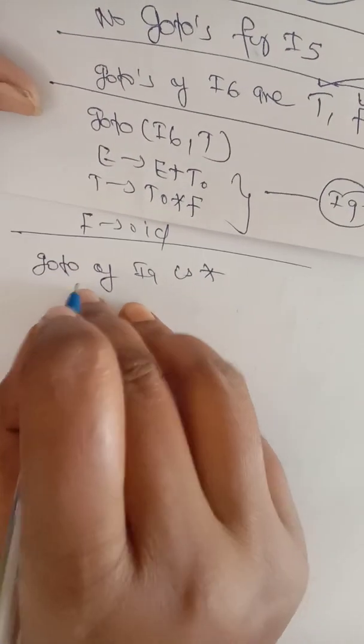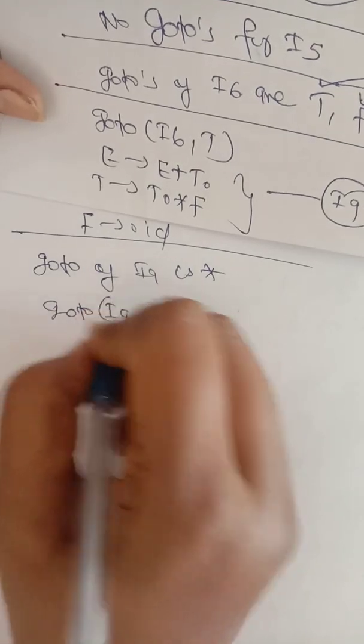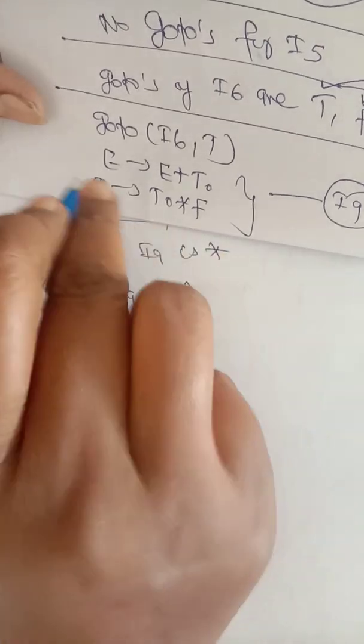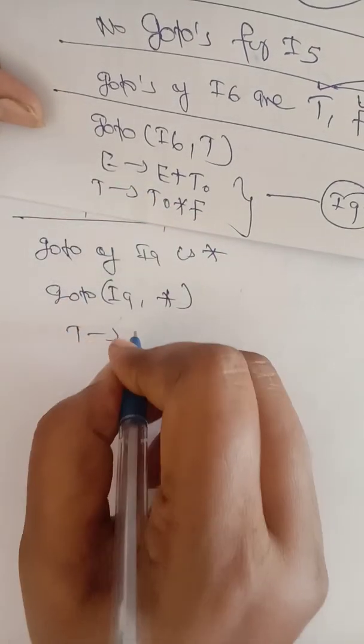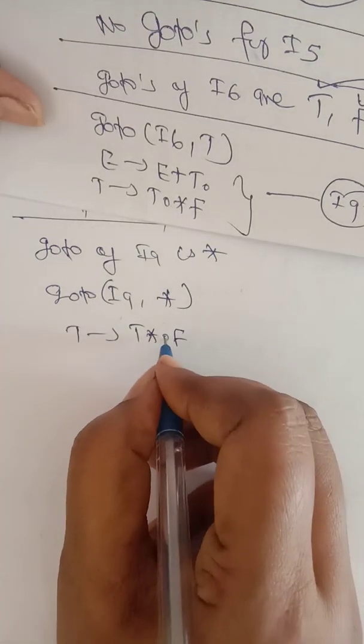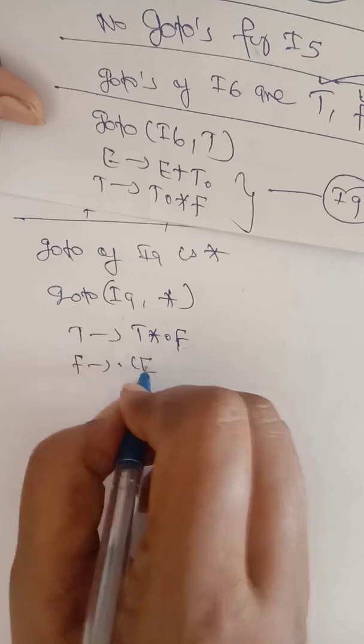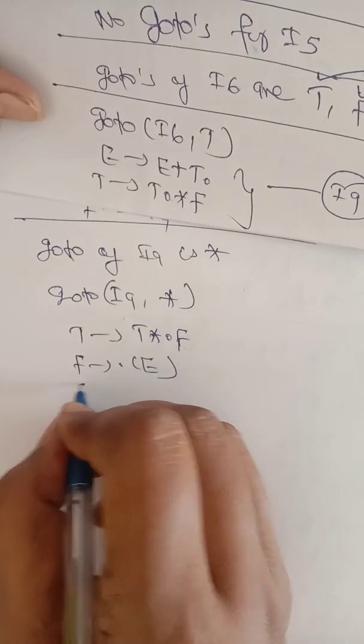Then apply go to of I9 comma star: the answer is T → T * dot F. After that we are having F, so copy those productions from I0.